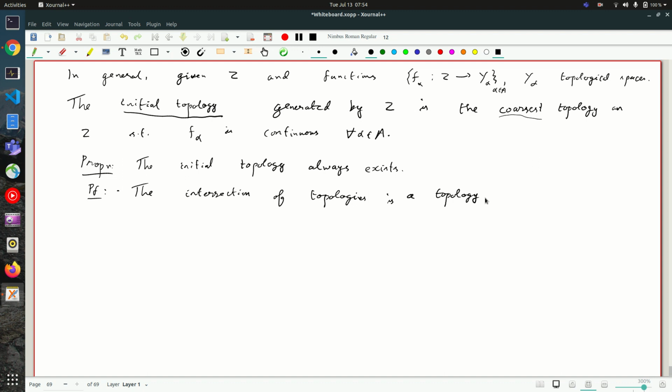And the same goes with finite intersections and so on. Okay, and if f alpha is continuous with respect to a family of topologies, it is continuous in all of them.